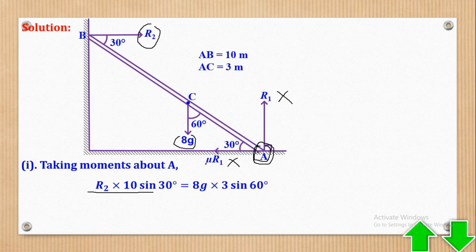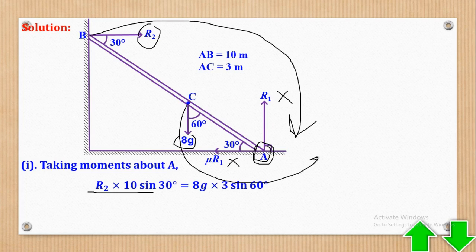If I stand here, this force will give me a clockwise moment, and when I stand here still, this force will give me an anti-clockwise moment. So 8g is anti-clockwise and R2 is clockwise. When taking moments, you have to remember that anti-clockwise moment is equal to clockwise moment. So in this case, this clockwise moment and this anti-clockwise moment must be equal.